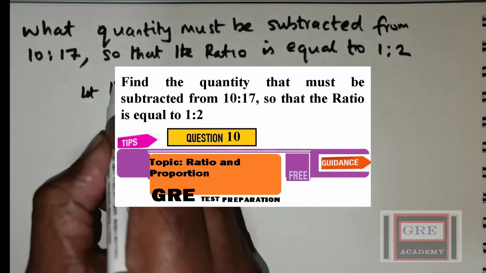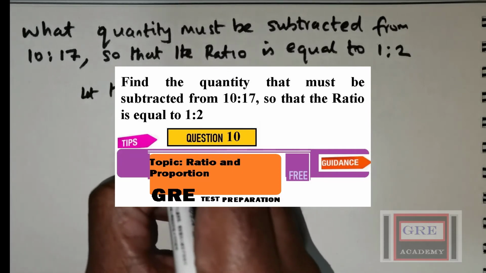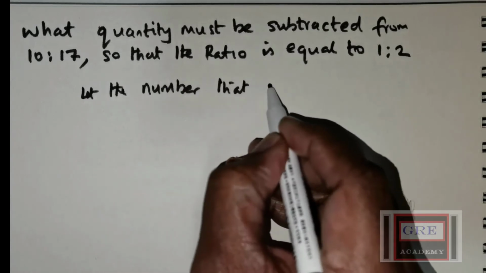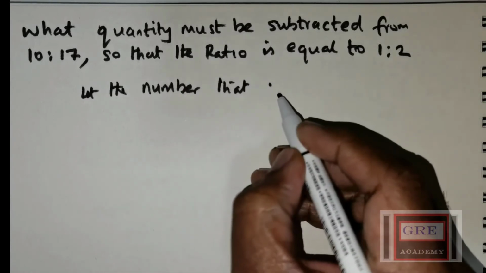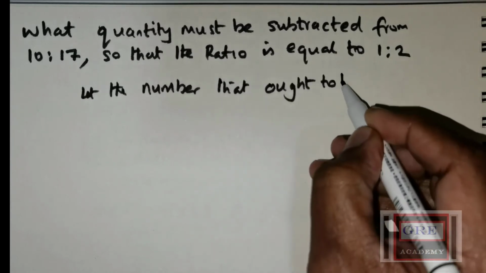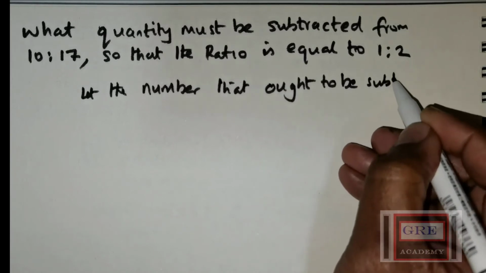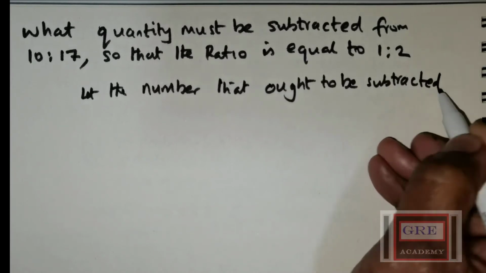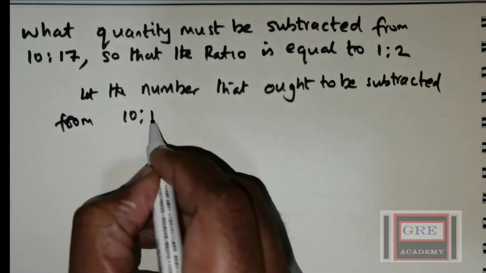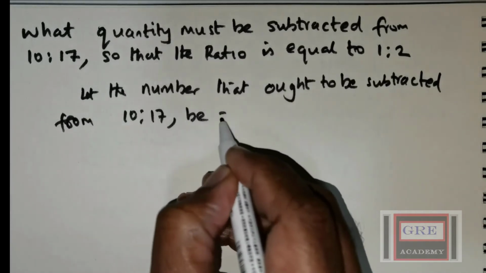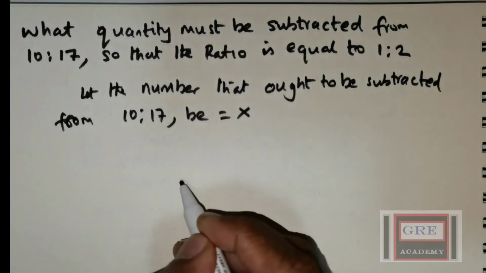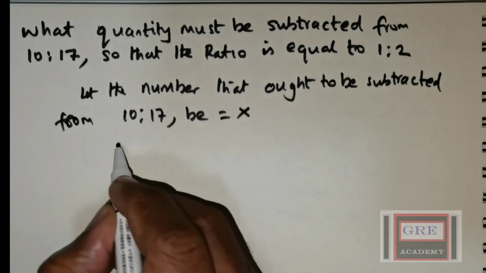So let the number that ought to be subtracted from 10:17 be equal to some x.